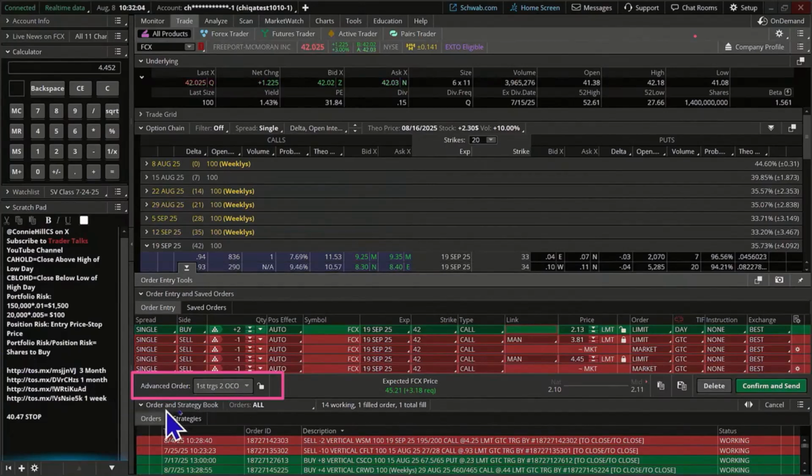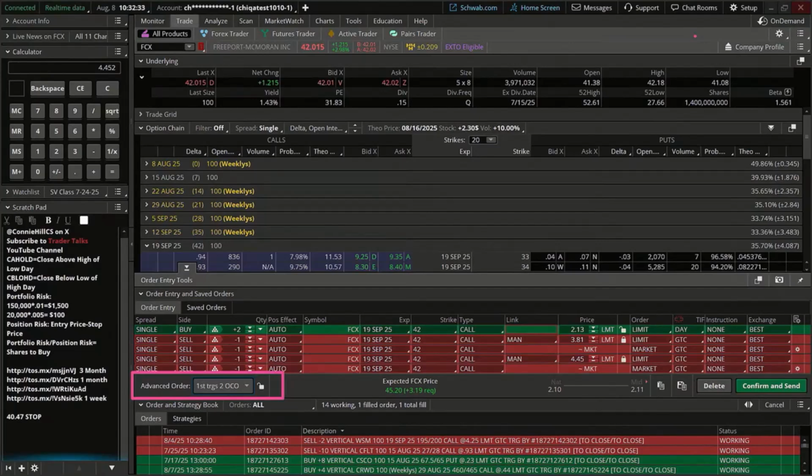But I went to the pick list and I chose first triggers 2 OCO orders. Now you can get real creative. You can go 3 OCO orders, but we're just doing 2. 2 suits our purpose here today. So that's how you find it. It should be in your paper account. This is my demonstration account, kind of a hybrid paper account.